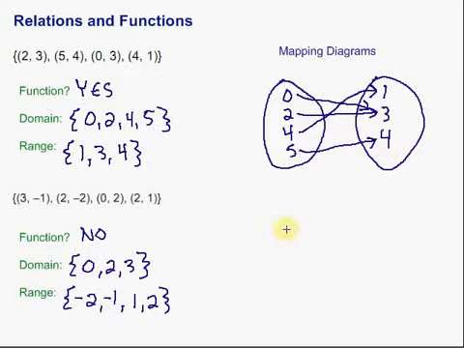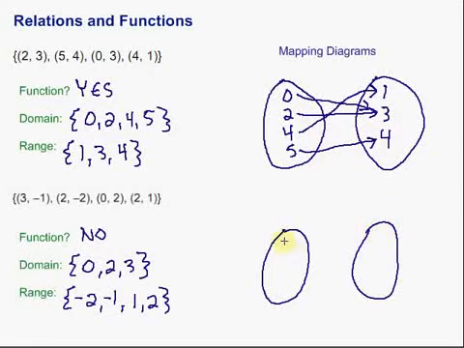Okay, and if we want to make a mapping diagram there, just make our little bubbles. Put those numbers inside. Our domain is 0, 2, and 3. Our range is -2, -1, 1, and 2. And then I'm just going to switch colors here so that we can maybe see this a little better.